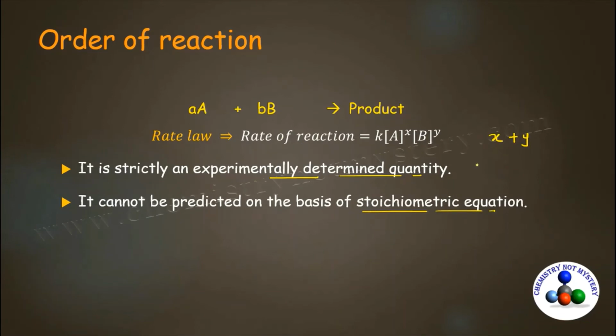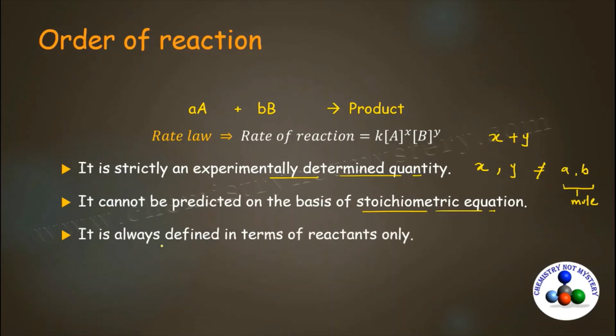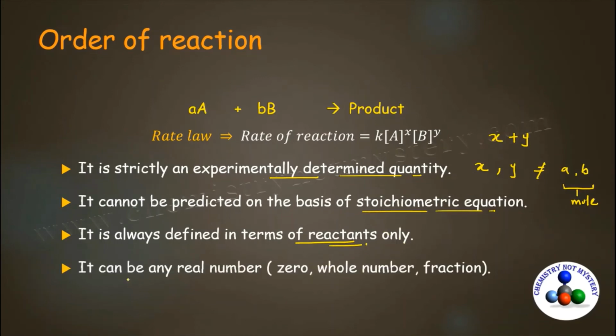That means a and b have no relation with x and y, where x and y are experimentally determined quantities and a and b are the moles in the balanced chemical equation. Order of reaction is defined only in terms of reactants, not in terms of products. Order of reaction can be any real number. That means it can be 0, it can be any whole number, or it can be a fraction as well.